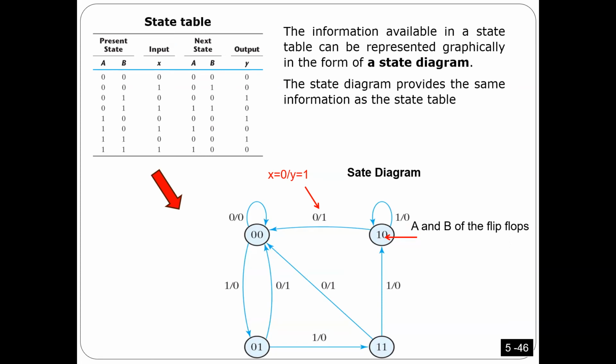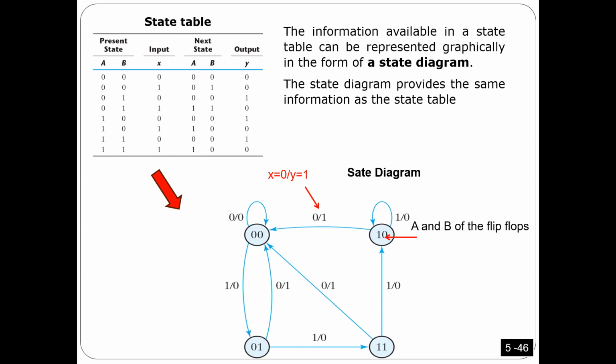Based on the input, every time the clock comes, if I'm here at 0, 0, then depending on the value of the input, either we stay at 0, 0, or we move to this state.